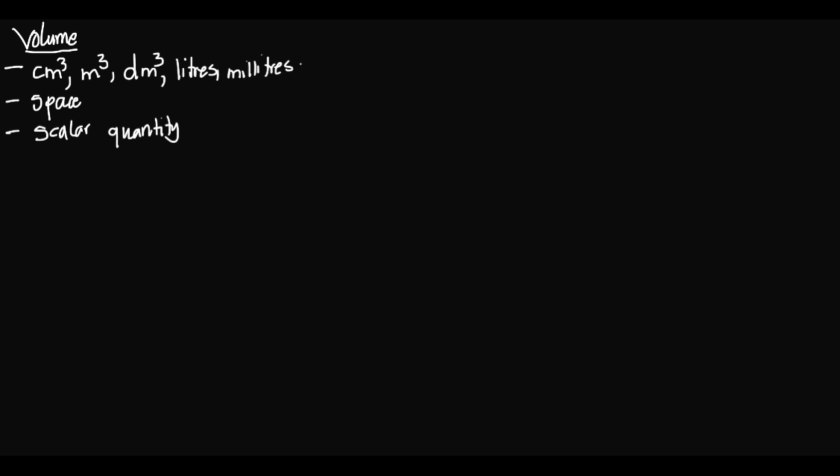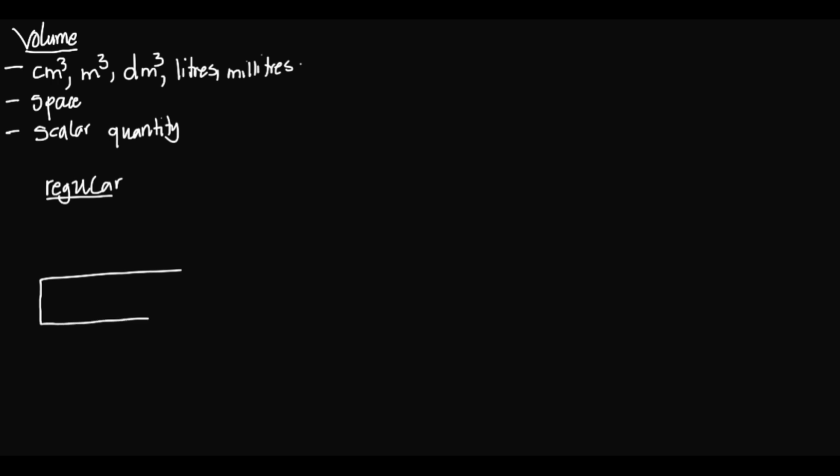Now, away from knowing the units, the definition as the total amount of space, and being a scalar quantity, we have to know the ways in which we can calculate the volume. The method you can use to calculate the volume of an object depends on the type of object. Let's say you have a regular object such as a cuboid.